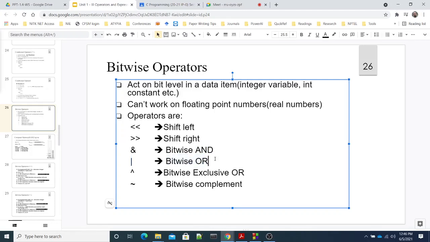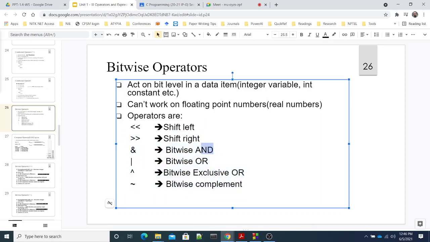We studied logical OR, which had two vertical lines. That applies the logical operation on the entire left operand as well as the right operand, not bitwise. Here it is applied bitwise. Then bitwise exclusive OR and bitwise complement. We will see what all of these are.